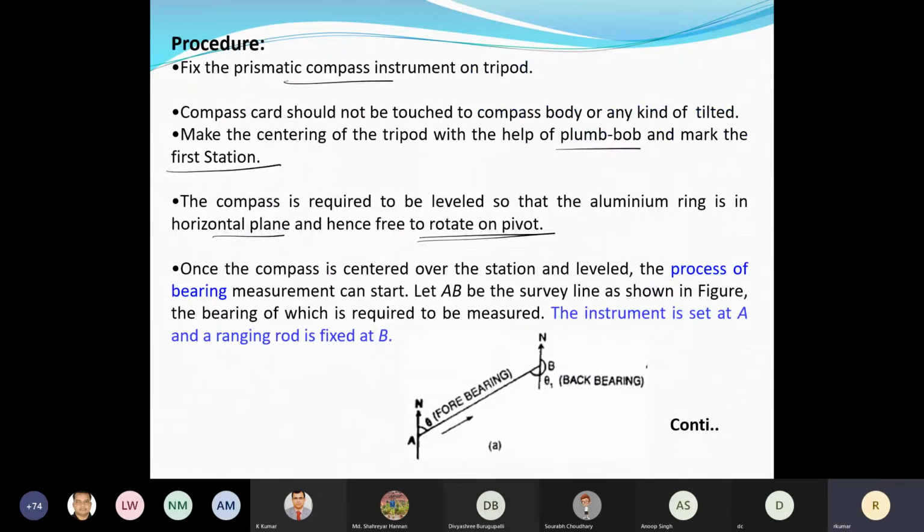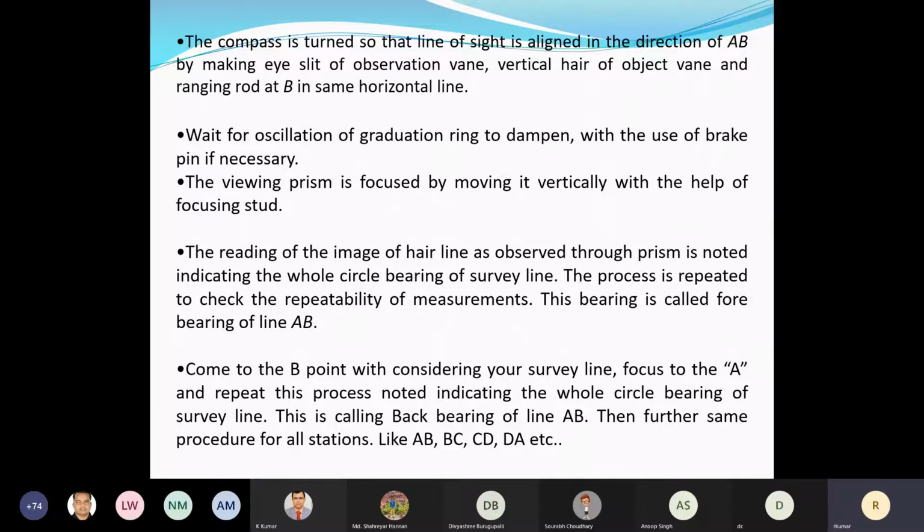Then, once the compass is centered over the station, comes the process of taking the reading. So, taking A to B, I will take the fore bearing and back bearing. This is the system we have to follow at every station. I think this is all written, as I have told you. The compass is turned so that the sight is aligned in the direction of AB through the eye slit.